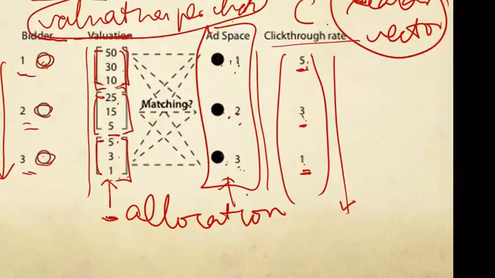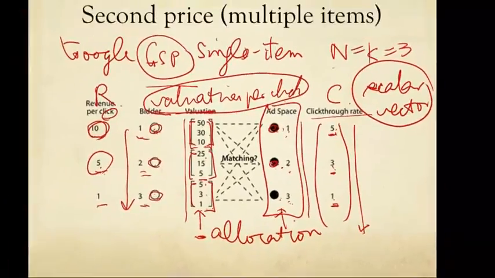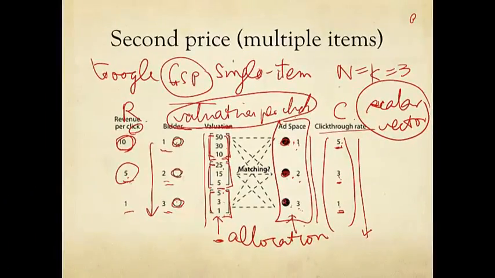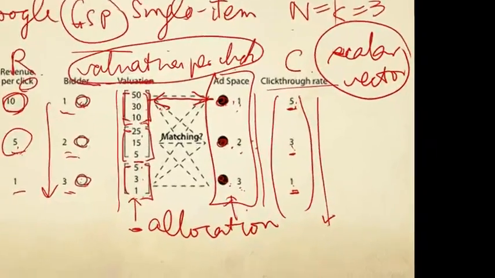We just match the top ad space, the most valuable ad space, to the highest bidder, and match the second valuable space to the second highest bidder, the third valuable space to the third highest bidder. In this case, since both left and right sides have been already arranged in descending order, the matching is a simple horizontal matching.